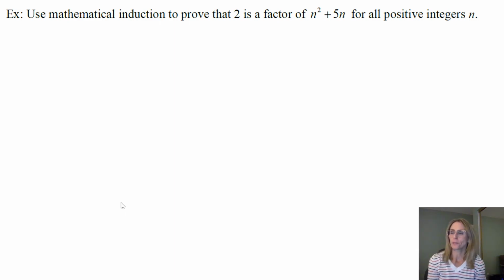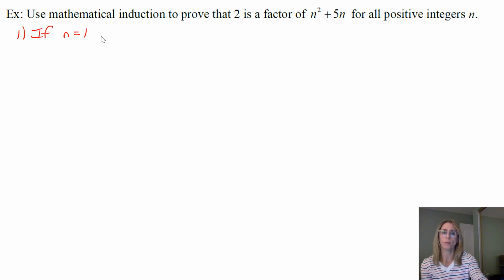So here's another example. Looks a little bit different, but it's the same idea. Use mathematical induction to prove that 2 is a factor of n squared plus 5n for all positive integers n. It's a little bit different. However, we can do this using mathematical induction. Same thing. We just want to start out with saying, what happens if we put in 1?